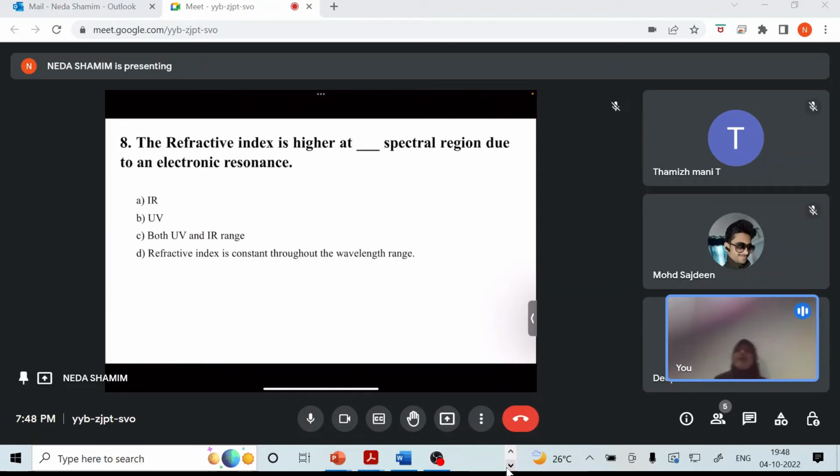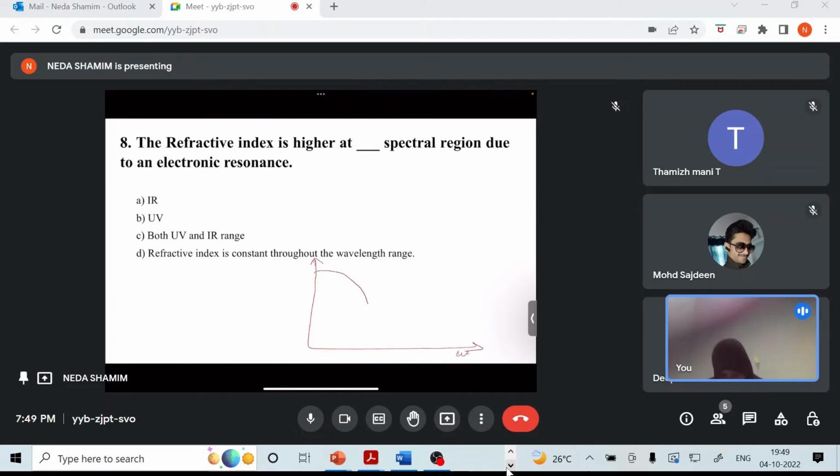Next, the refractive index is higher at dash region due to an electronic resonance. I have just now showed you in the previous two questions how the graph looks. We have already drawn the graph. We need the electronic resonance. So tell me, where do we get the electronic resonance?